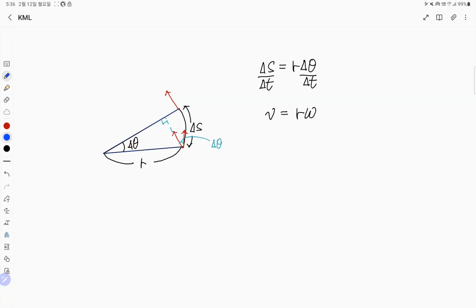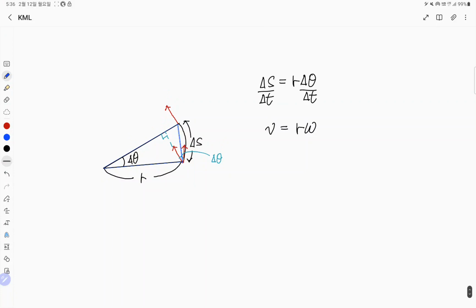One triangle is made of these two radii, and a similar triangle is made of these two velocity vectors.